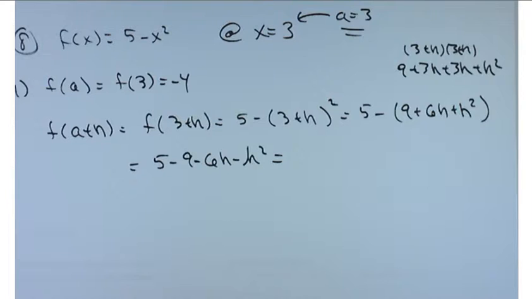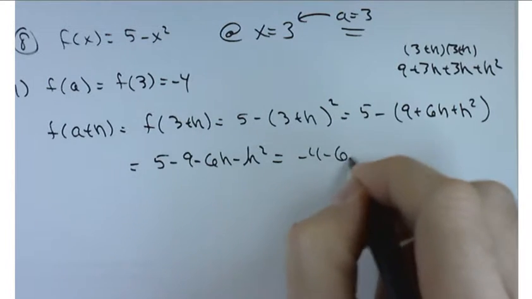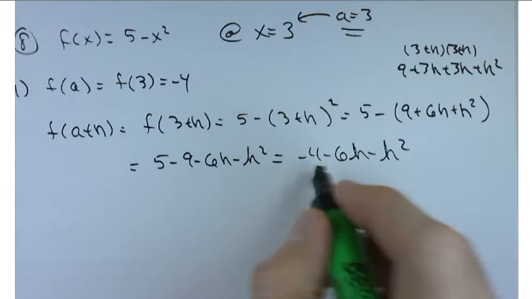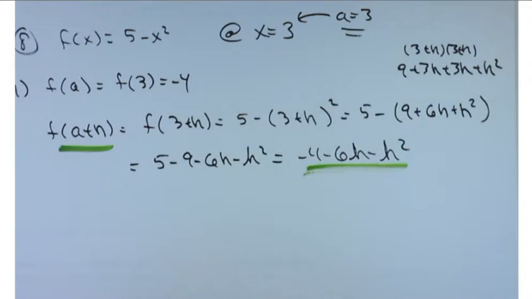John, what are the like terms that we can cancel? Thank you. So, wow. A lot of work to come up with this, and a little bit of work to come up with this.